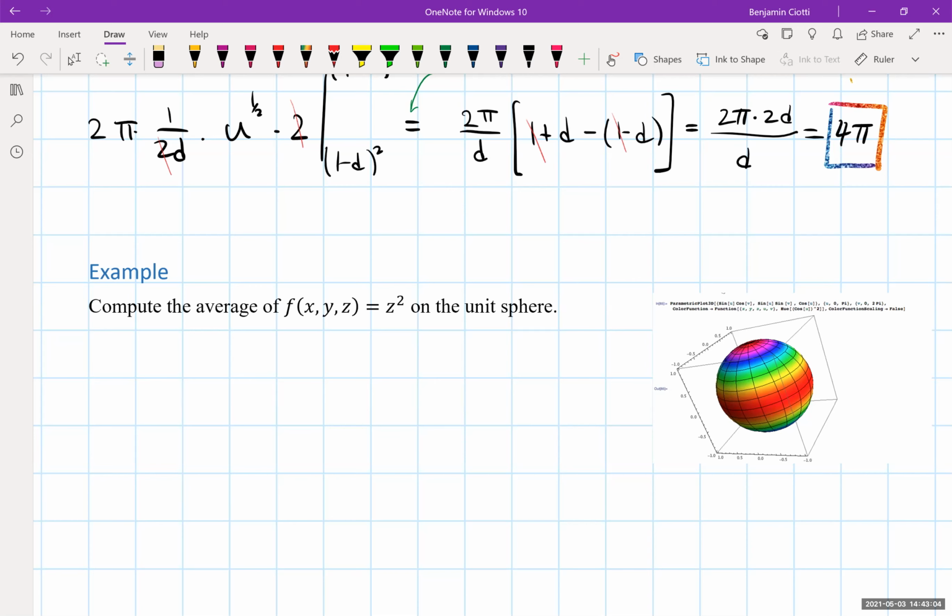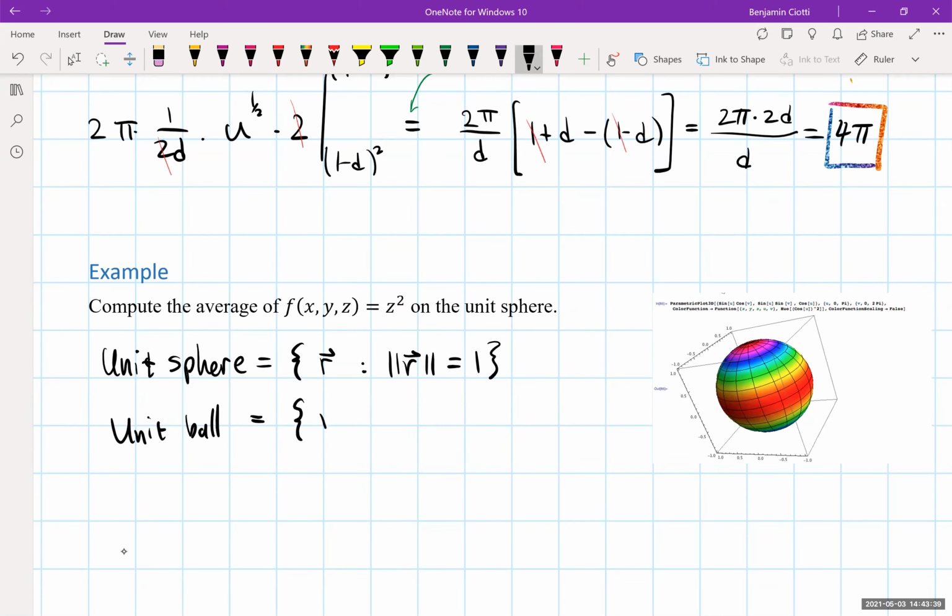So maybe I haven't talked about this, but a convention is that there's a difference between spheres and balls. So the unit sphere is the set of points where their distance from the origin is equal to 1. Unit ball is the set of points where their distance from the origin is less than or equal to 1.